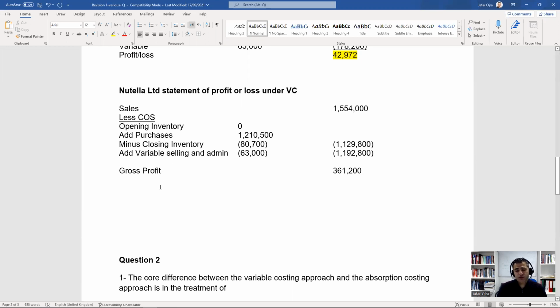But under marginal costing, variable costing, we don't call it gross profit, we call it contribution margin. So that's the difference between the two methods, the contribution margin.